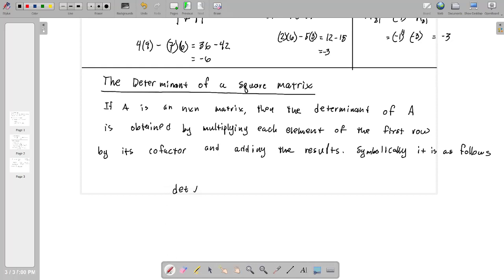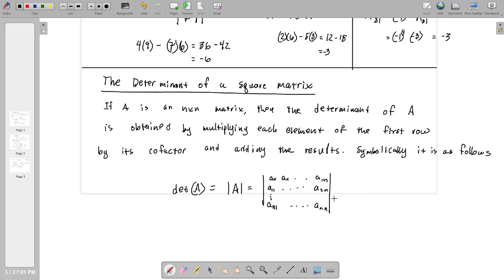The determinant of A, written with absolute value bars, is the determinant of the matrix with rows a sub 1, 1, a sub 1, 2, all the way up to a sub 1, n, then a sub 2, 1 all the way up to a sub 2, n, and we repeat this all the way down to a sub n, 1 up to a sub n, n.